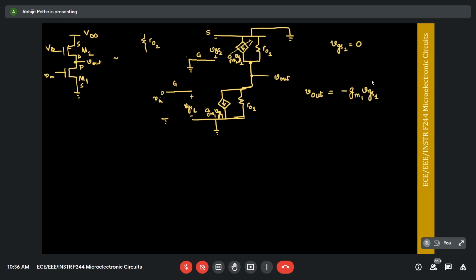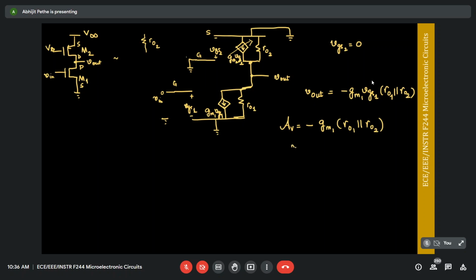This current flows through a parallel combination of ro1 and ro2, because ro1 is connected from Vout to ground, and ro2 is also connected from Vout to ground. So ro1 and ro2 are parallel to each other. And vgs1 is nothing but Vin. So my gain is given by minus gm1 times ro1 parallel ro2.